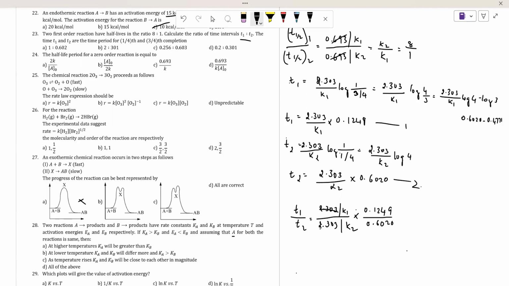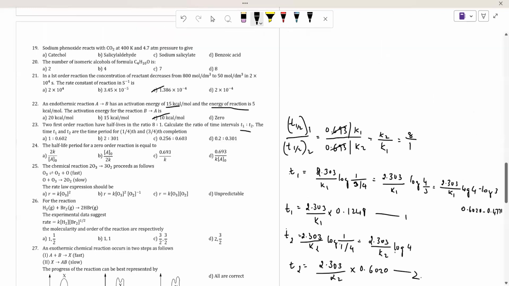Now 2.303 and 2.303 get cancelled and this will become K2 by K1. So the ratio T1 by T2 will become equal to K2 by K1 into 0.1249 divided by 0.6020. We have already determined the ratio K2 by K1 is 8 by 1.